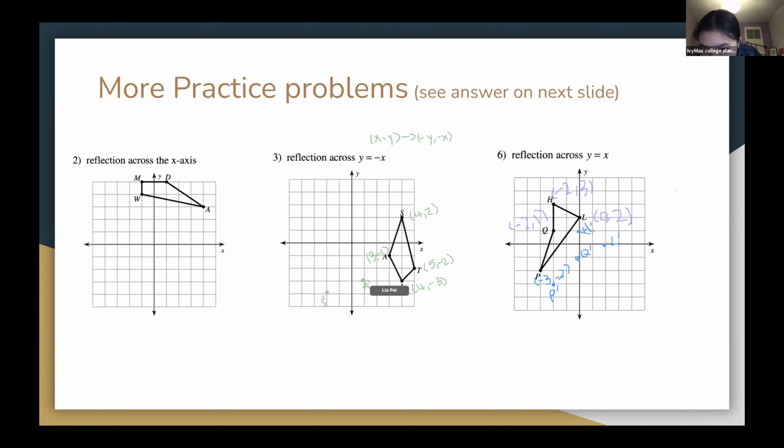I don't know if it's right, but let's try. Since here is y equals x, I think it's something like that. Okay, then that's probably it. It's like this way.